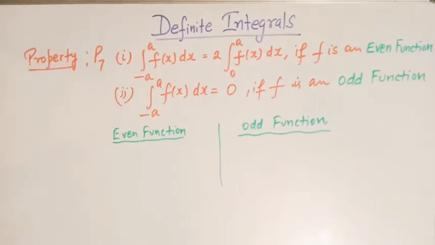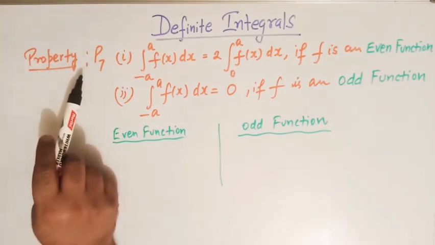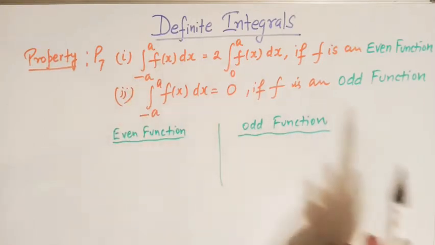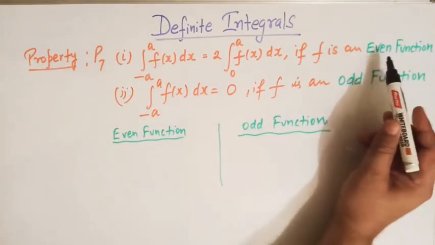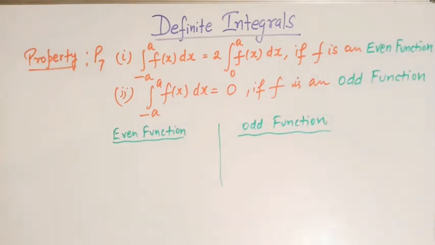Hello viewers, in today's lecture we are going to take up an important property of definite integrals, and the property is related to the concept of even function and odd function, right?